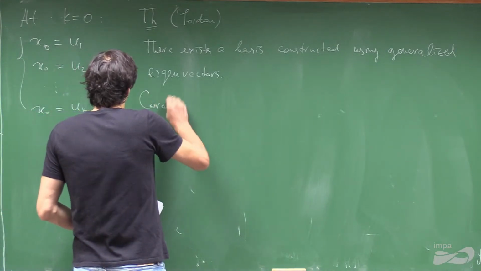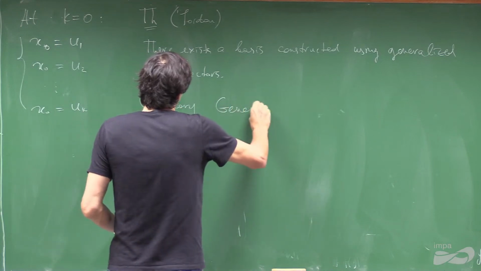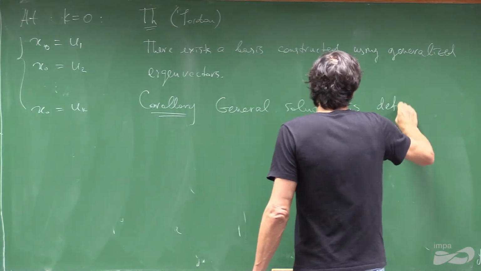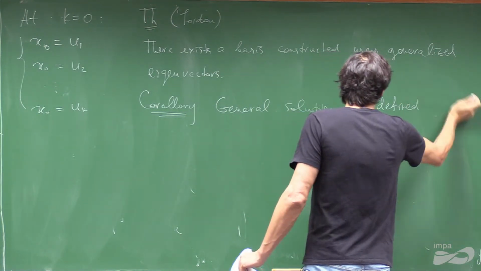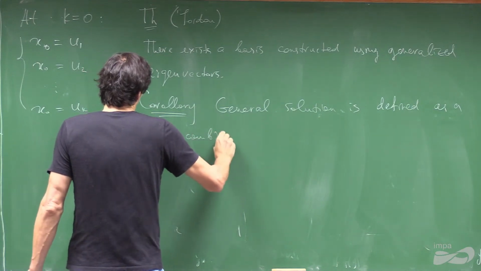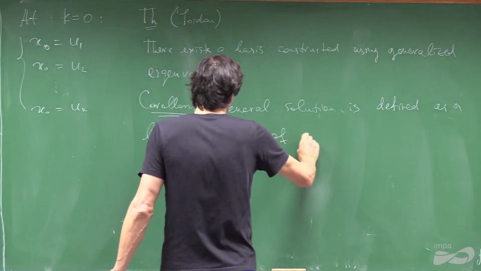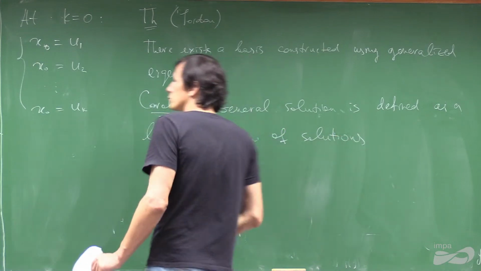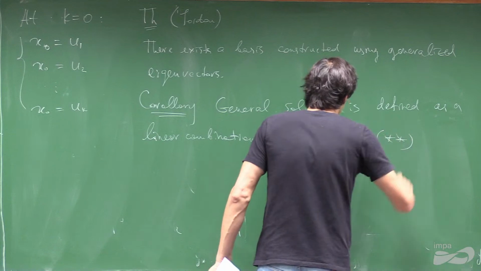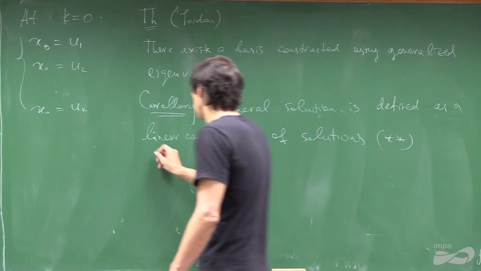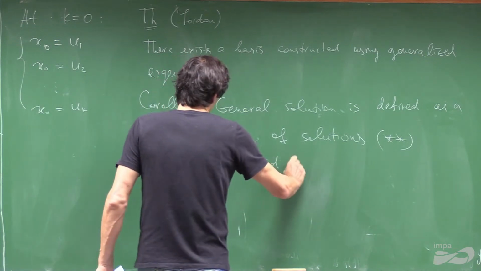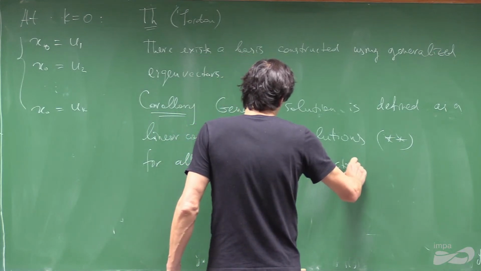And the corollary is that a general solution is defined using a linear combination of solutions of those solutions to star, for all generalized eigenvectors from this basis.